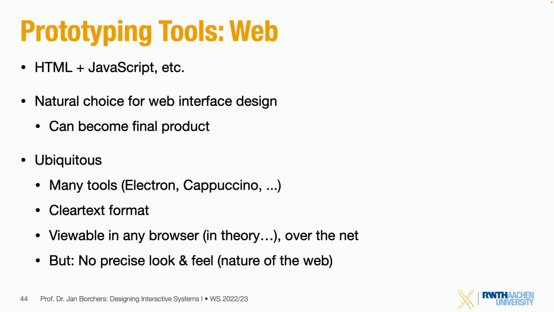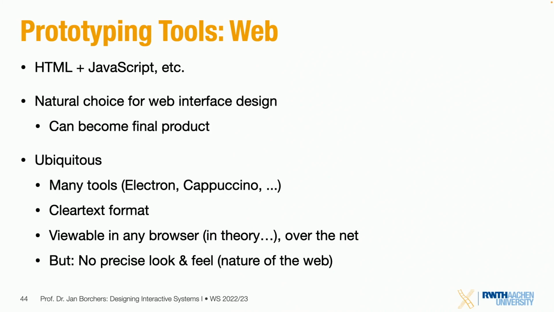This is where you are moving more towards actually writing, if you want to call it code, HTML and JavaScript. And of course, the big advantage of that is that there's tons of tools out there to do this. You have a clear text format, so nothing is hidden inside an ugly, unreadable binary container.